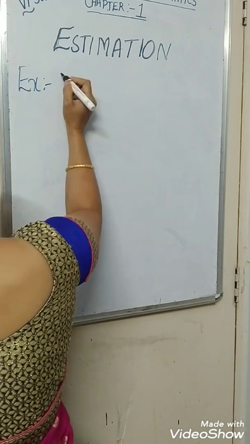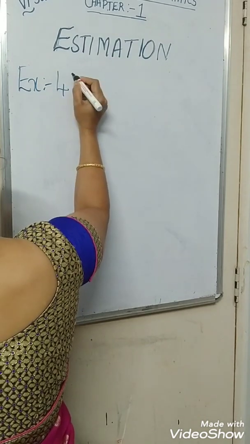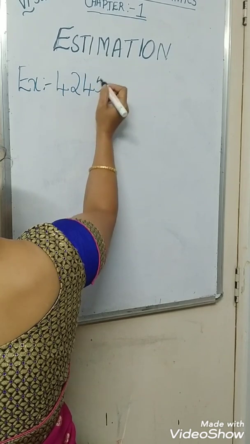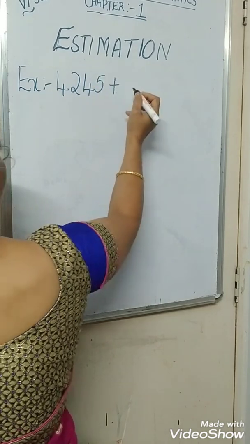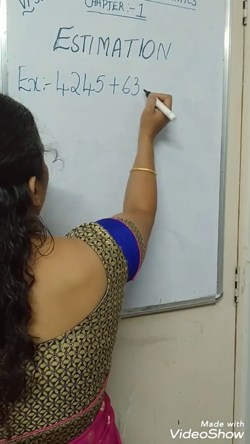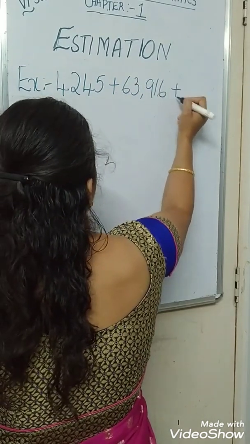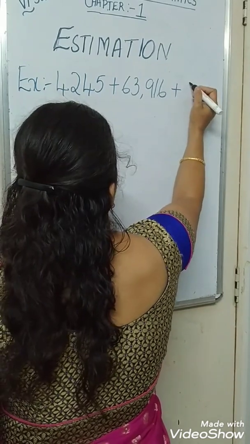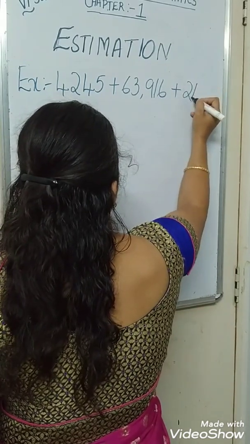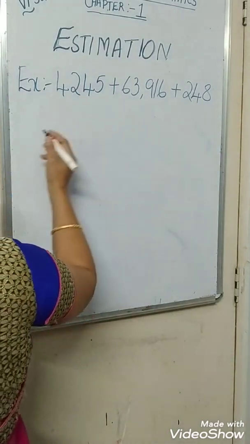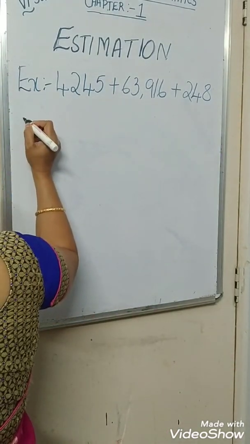That is 4,245 plus 63,916 plus 248. Before adding, let us estimate the numbers.